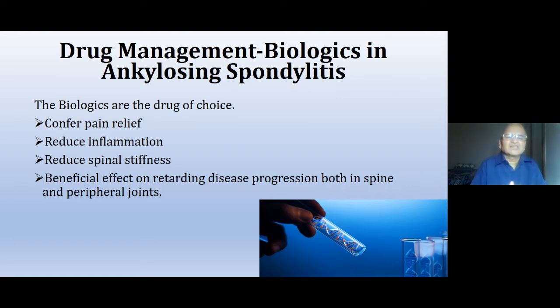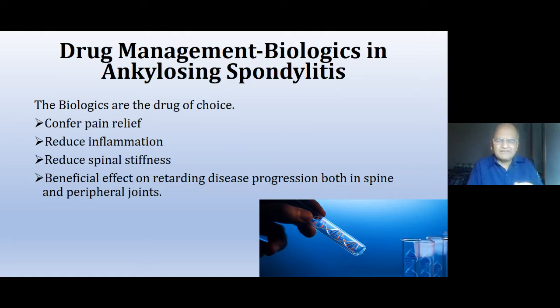But these are the drugs of choice. They reduce inflammation, they reduce the spinal stiffness, and they also have been found to have a beneficial effect on retarding the disease progression, both in the spine and peripheral joints. So the drug of choice in treating ankylosing spondylitis at present is biologics, and nothing but biologics.